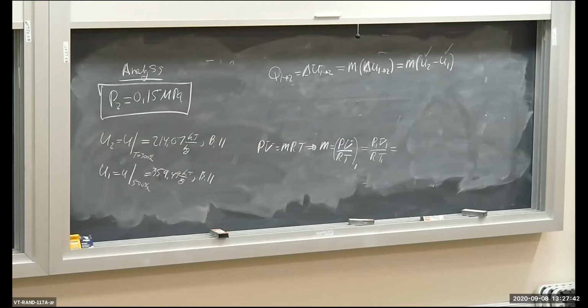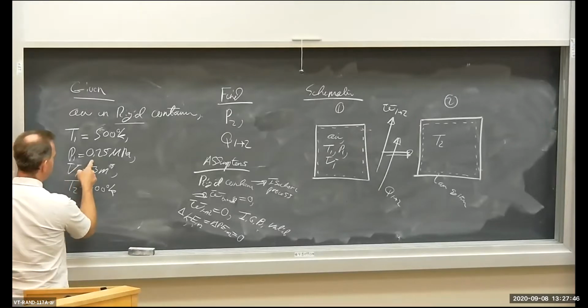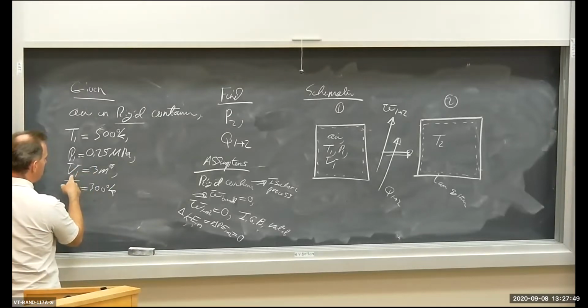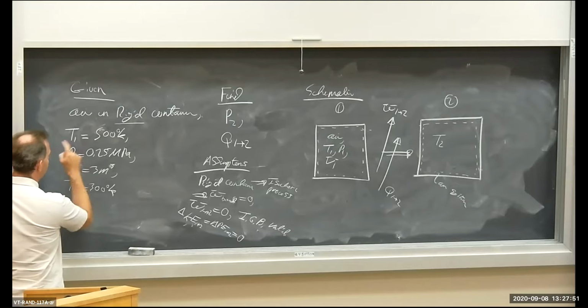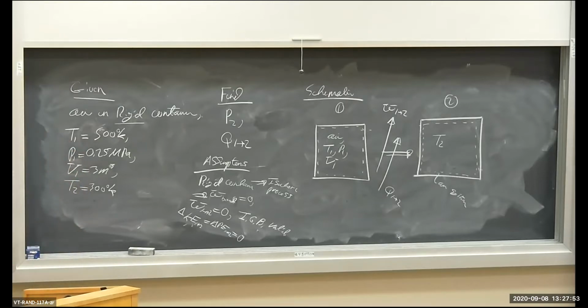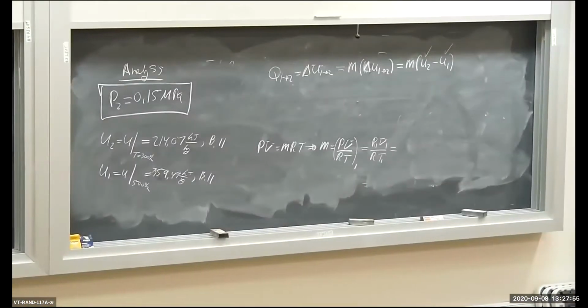I have the pressure, the volume, and the temperature at state 1. They are 0.25 megapascals, 3 cubic meters, and 500 degrees Kelvin. We have to be careful with units here.